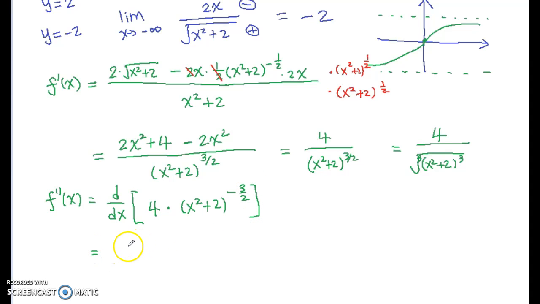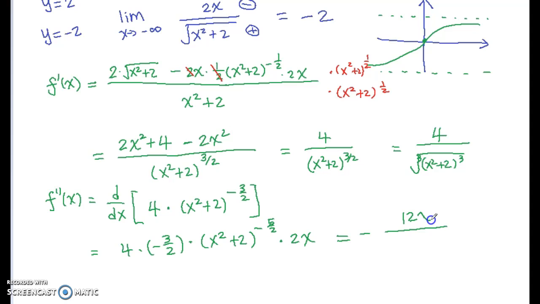So use the power rule, we get 4 times negative 3 over 2 times (x squared plus 2) to the negative 5 over 2 power times the derivative of the inner function, 2x. And we simplify it to get negative 12x divided by (x squared plus 2) to the 5 over 2.